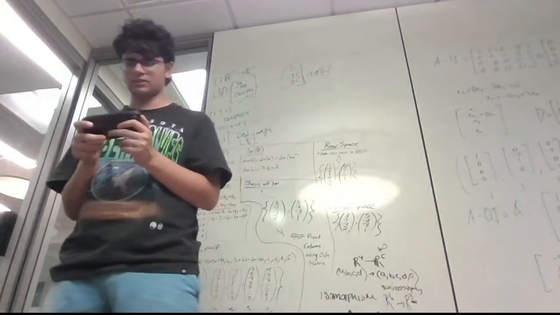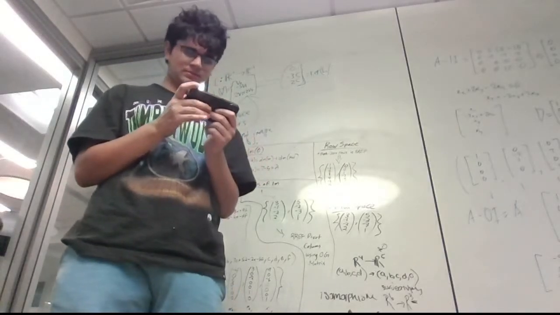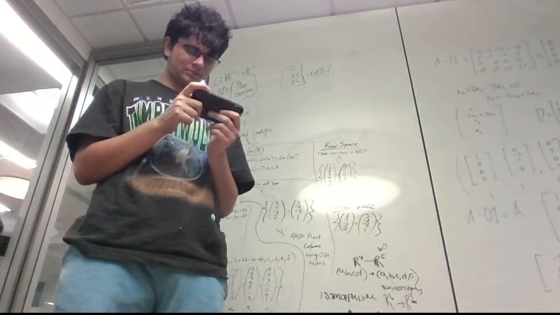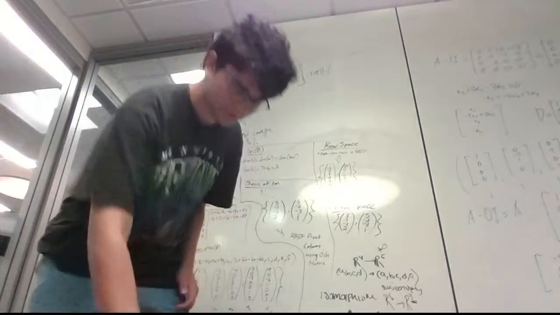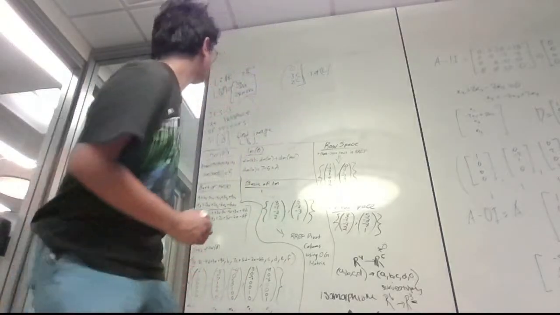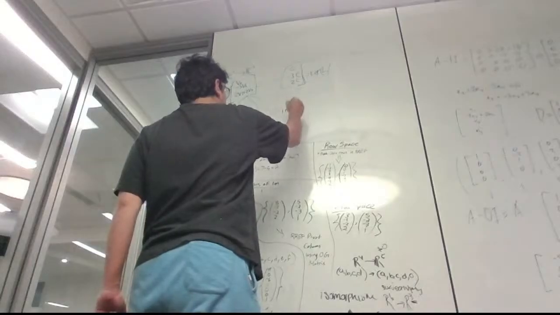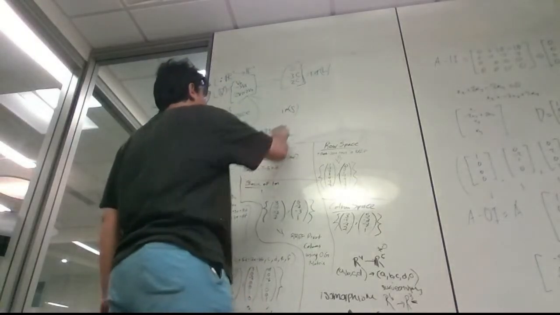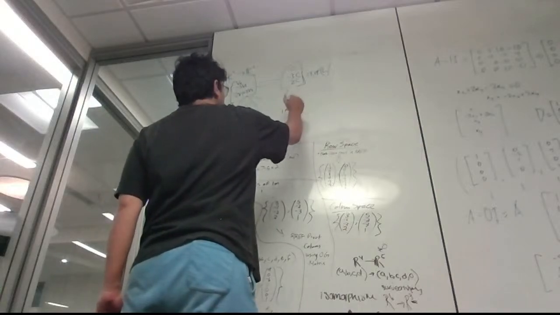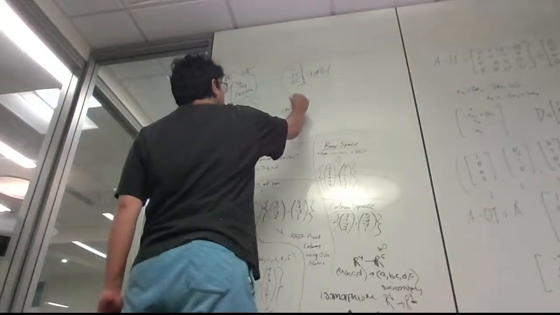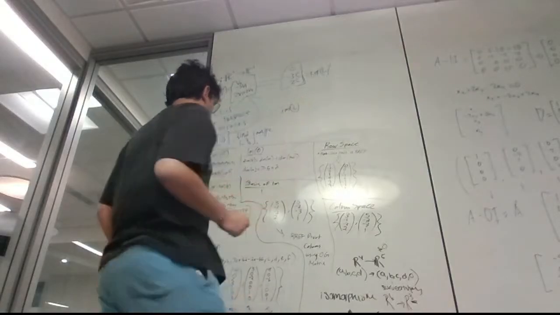So yeah, these all equal 0, then it just stays the same, I guess. I don't know. So now I need to find the image of L, actually. How do I do that?